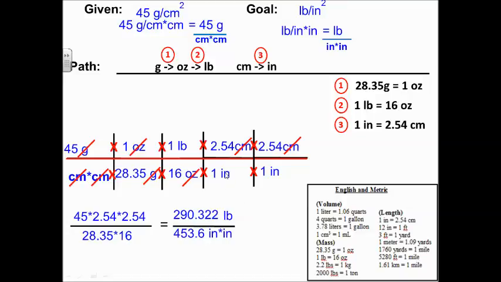But then on the bottom, we also have inches times inches. So we need to make sure to write those down here. Well, now you just plug that into a calculator. 290.322 divided by 453.6, and that'll get you your answer of 0.64, and then we have pounds over inches squared. And there you go. That is your final answer.